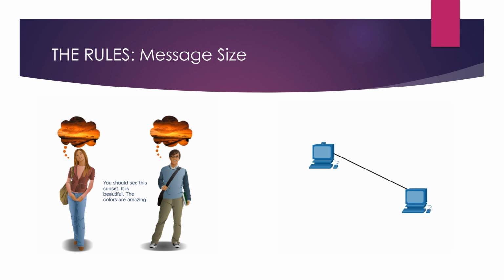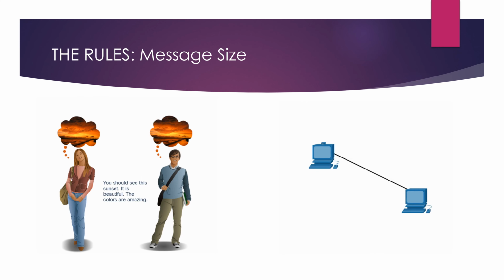The long message will be sent in separate frames, where each frame contains a piece of the original message. Each frame will also have its own addressing information. At the receiving host, the individual pieces of the message are reconstructed into the original message.